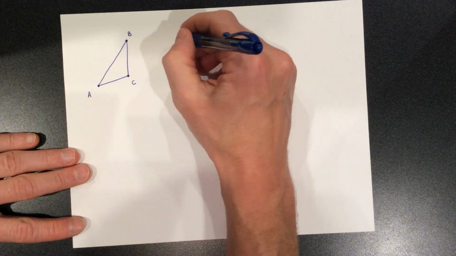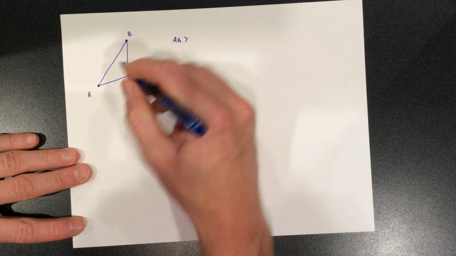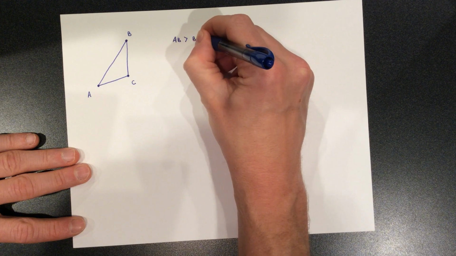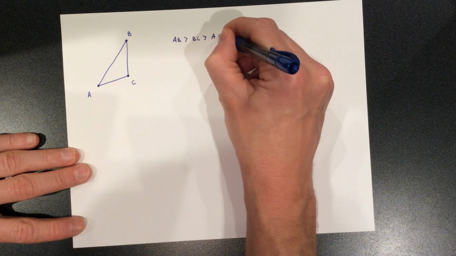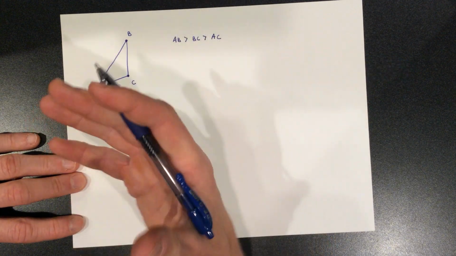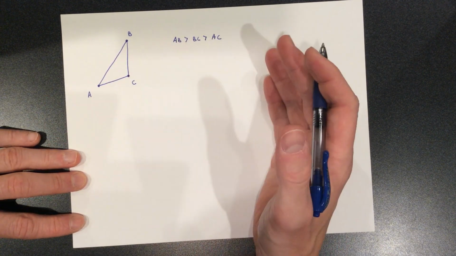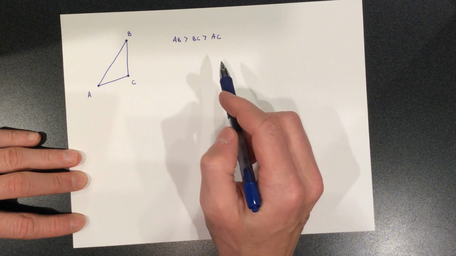So I would say that AB is the greatest, and it's bigger than BC, and BC is greater than AC, meaning I'm ordering the side lengths. And what we learned in class is that the biggest angle, angle C, is across from the biggest side length.